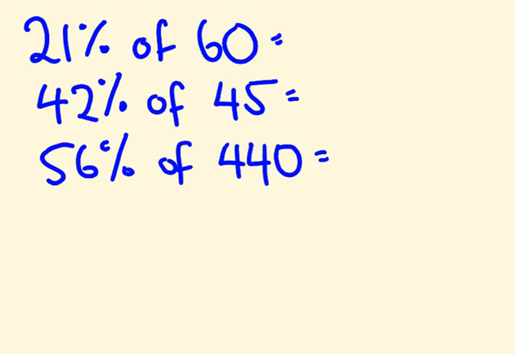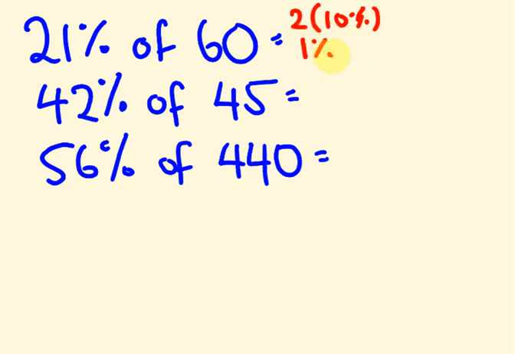Okay, so how did you go? Let's go through the answers here. So this 21%, you might be thinking this in a couple of ways, but you're probably going to be looking at it as 2 10% as well as just 1%.